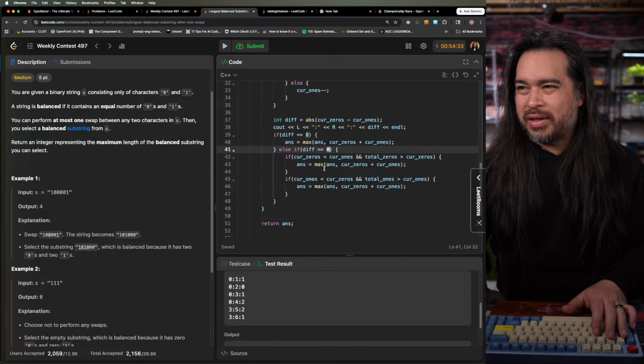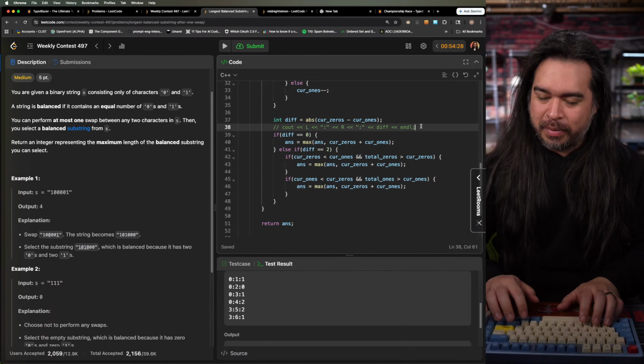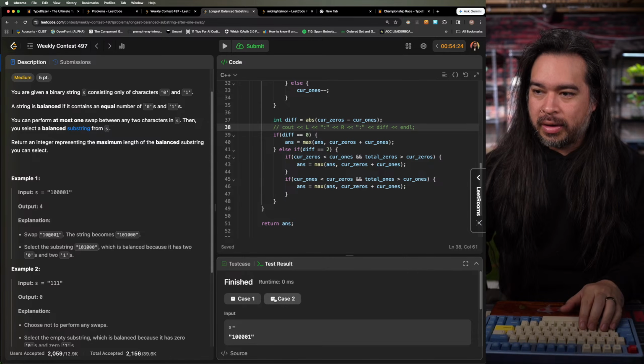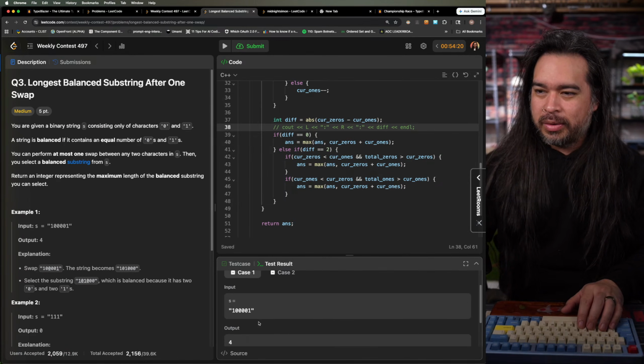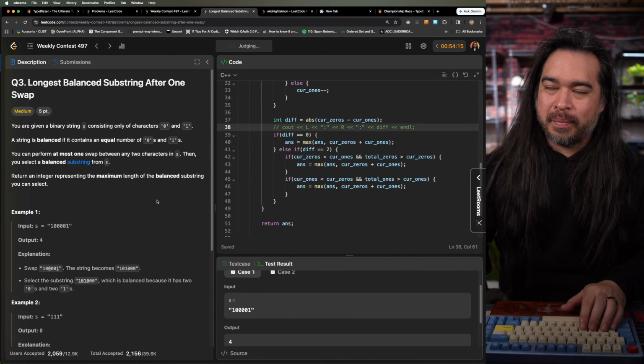Oh, because look at that. I meant to put 2 there and I typed 0, man. What the heck? So now we get the right things I was looking for. Should we test some test cases or should I just submit?